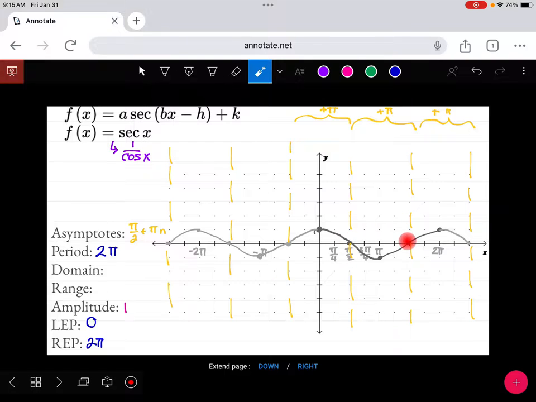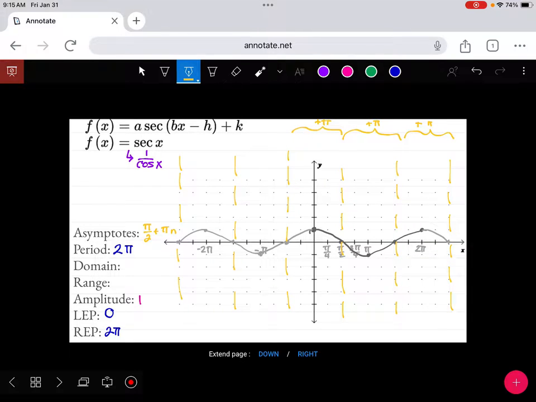And then this is happening every half circle on the unit circle when we get our next 0. So the space between is going to be pi, and it should always be half your period length. So since the period is 2 pi, we know it's going to hit twice in there. It's going to be half that length. And it doesn't have to be pi over 2. You can pick whichever one to base it off of. If you want to do minus pi over 2 plus pi, that's fine. I just tend to pick the first positive one we get.